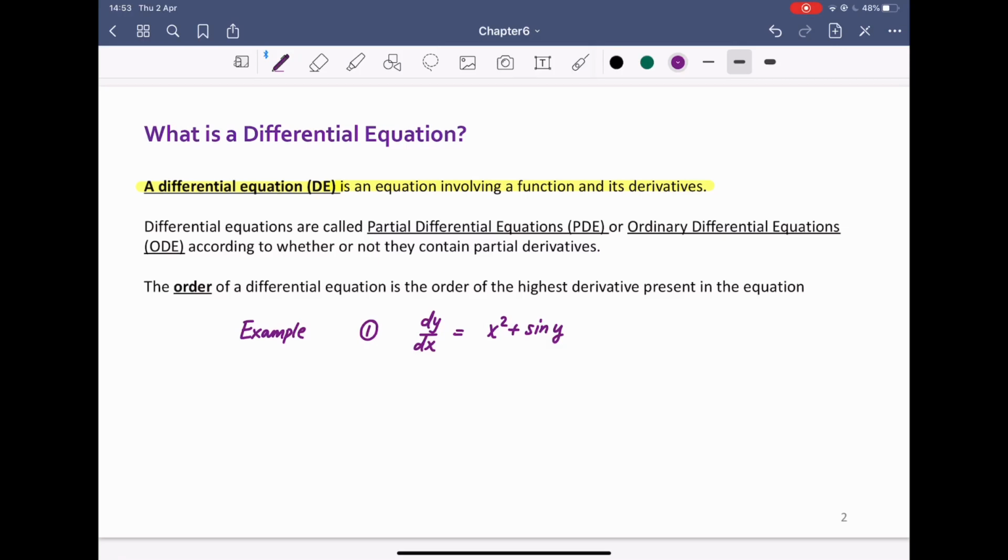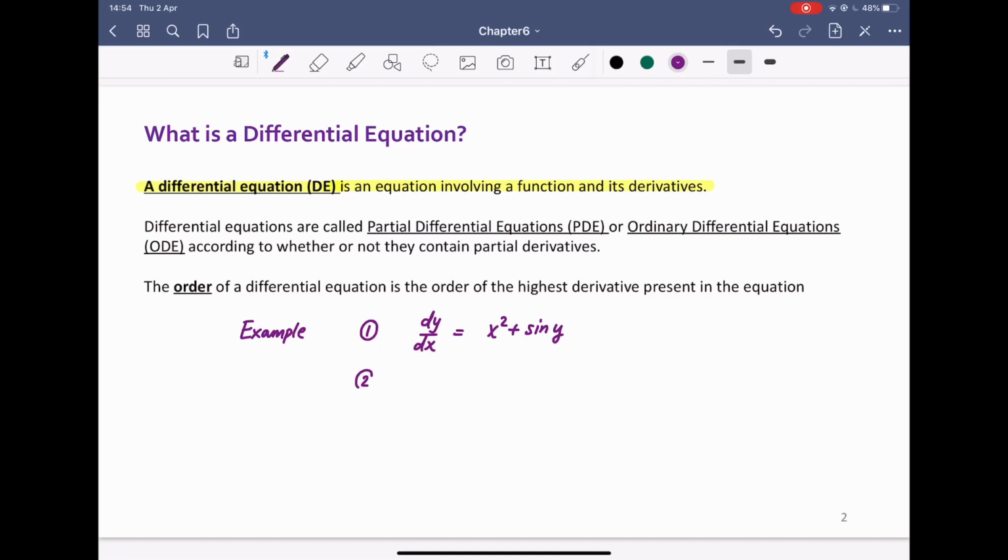In this differential equation, you can interpret x as your independent variable and y as your dependent variable, right? And that will give you a function y equal to f(x) and its derivative is dy/dx. As long as you have an equation that shows a relationship between y equal to f(x) and its derivative, that thing is called a differential equation.